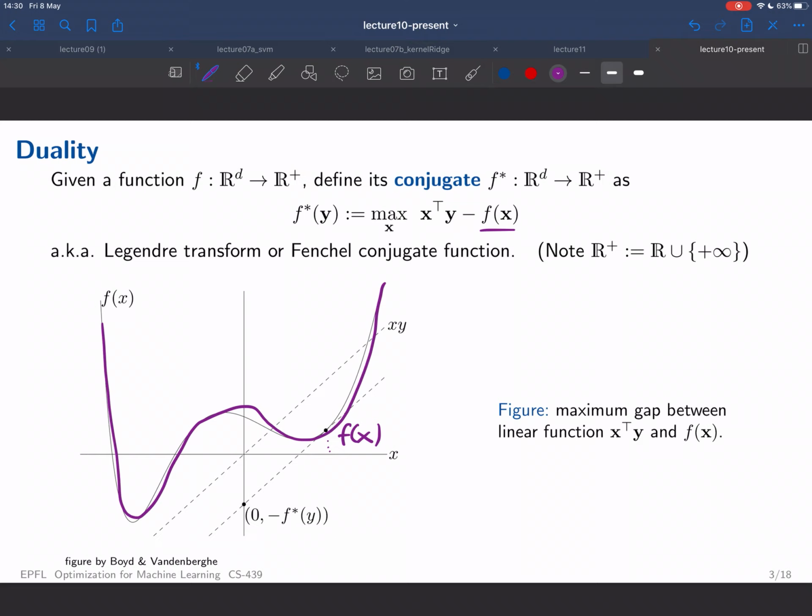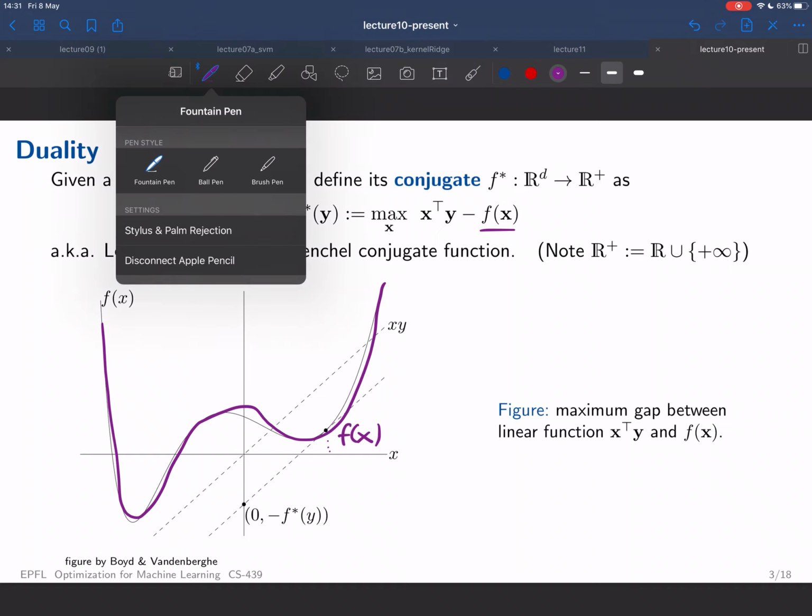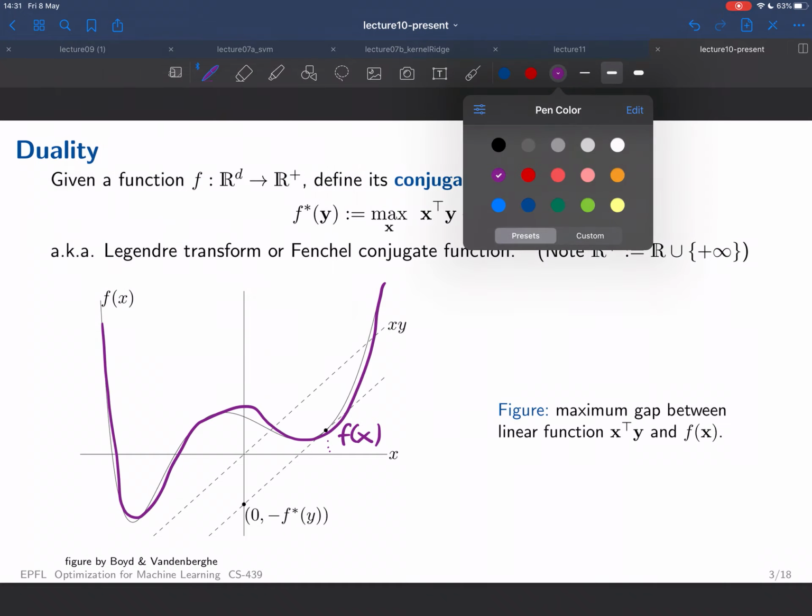Fine, and now how do you get to f star of y? The way that works is that you look at the slope, which is defined on this picture here.